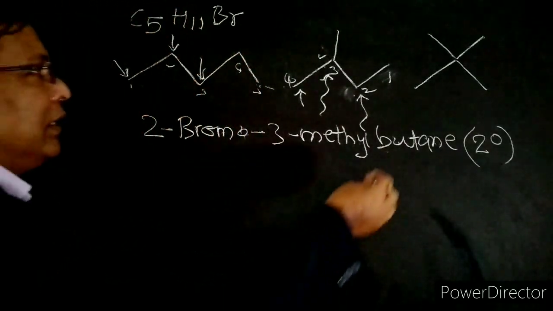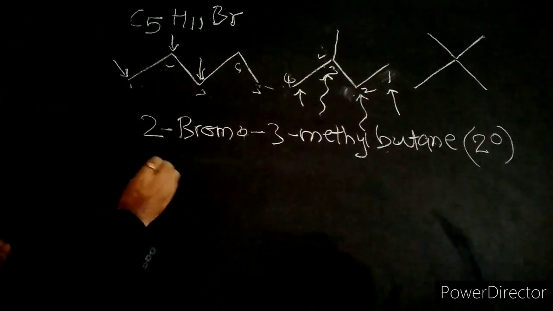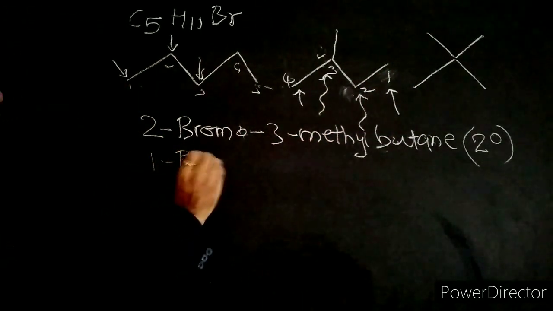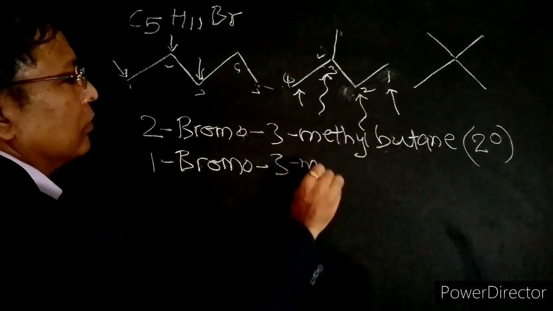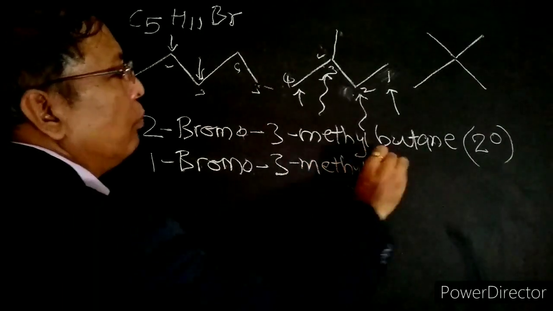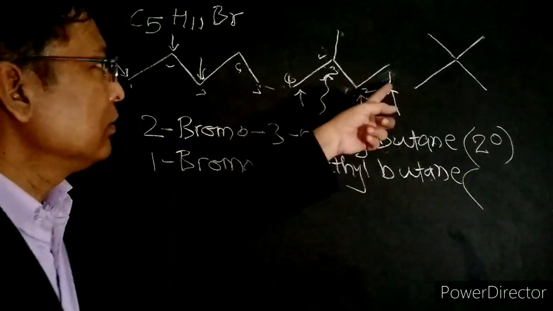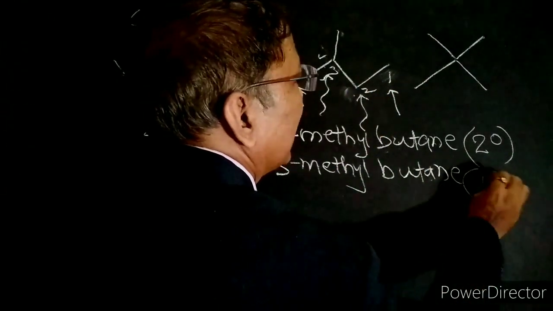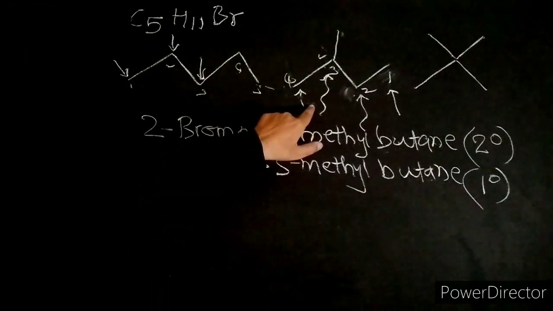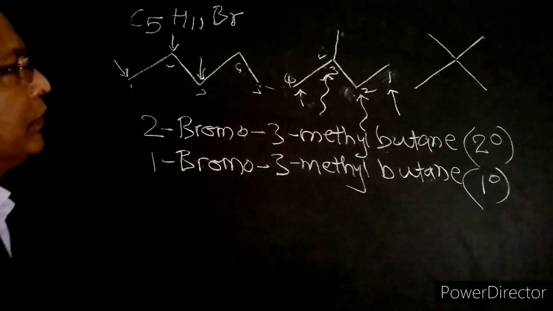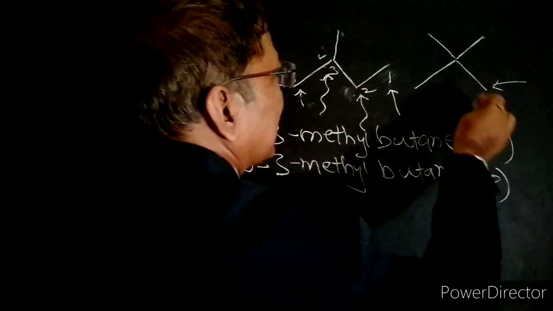And if the bromine is present on this carbon atom, then we get 1-bromo-3-methylbutane. What is the degree? That is primary. In this skeleton, 4 isomers are possible.